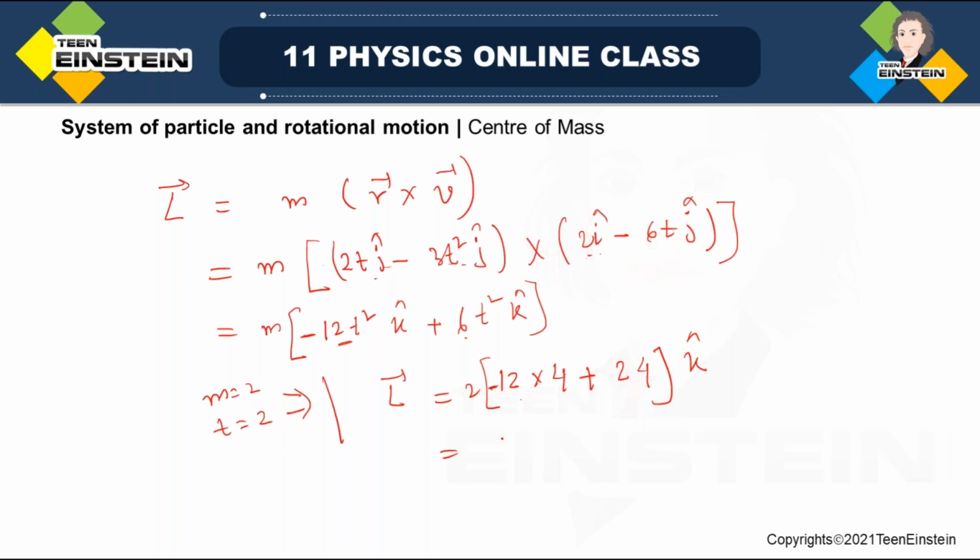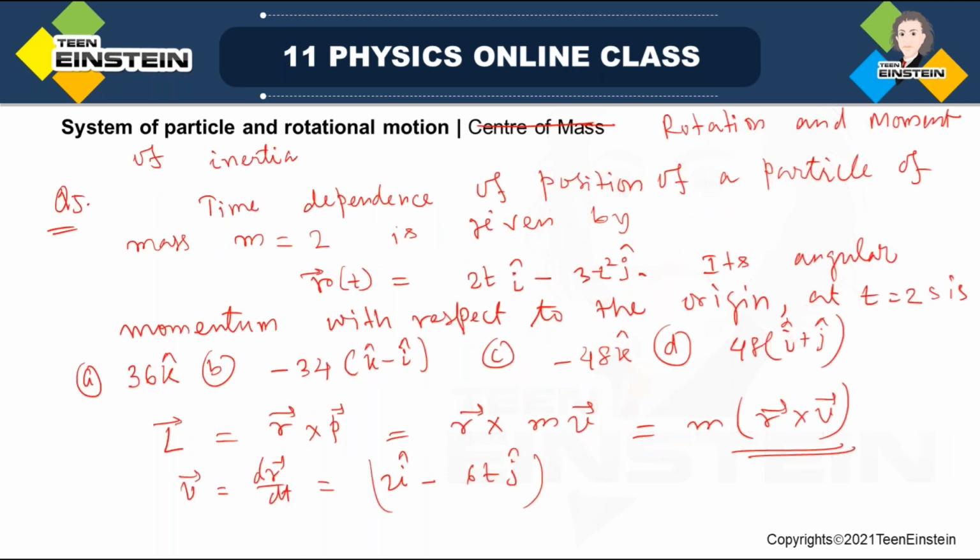So this is 2 into 48 minus 24, so it will actually be 48 k cap. Oh, there will be a minus sign with this, so it will be minus 48 k cap.